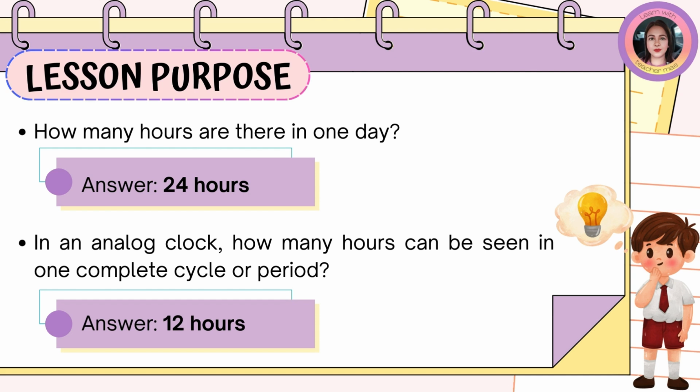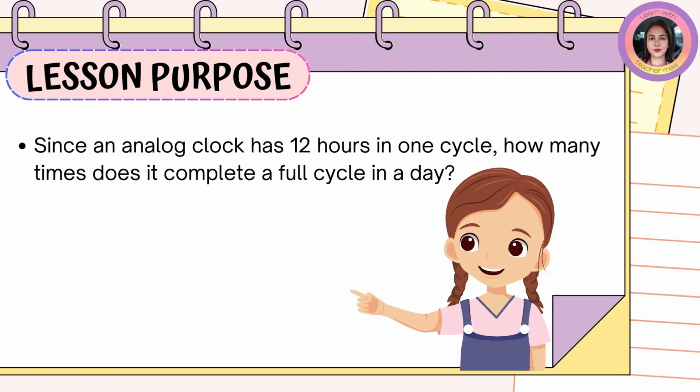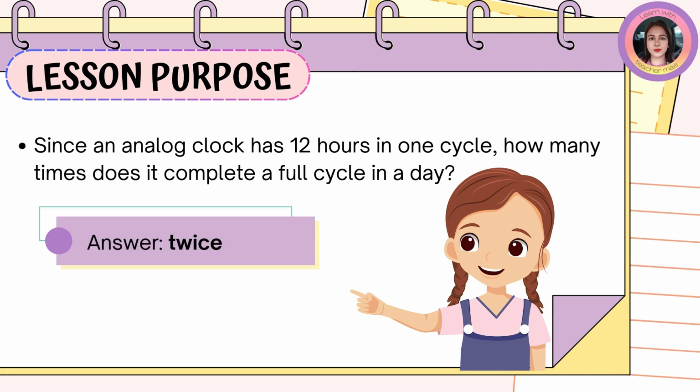The answer is 12 hours. Since an analog clock has 12 hours in one cycle, how many times does it complete a full cycle in a day? The answer is twice.